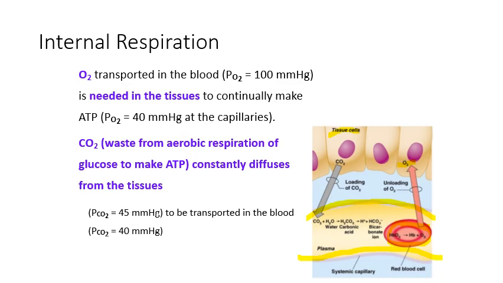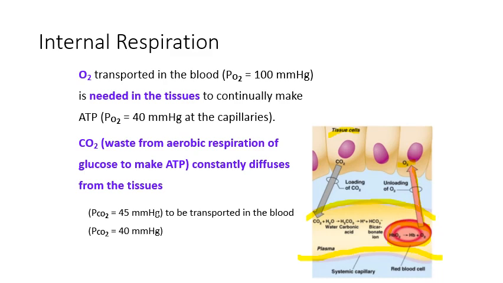Remember, those tissue cells are undergoing cellular respiration, which means they're using oxygen to convert glucose into ATP. And as they're doing that, they're depleting their oxygen stores, which means we've got low concentration of oxygen in the tissues, high concentration in the bloodstream here. So oxygen is going to flow down its concentration gradient, leave the capillary, and go into the tissues.